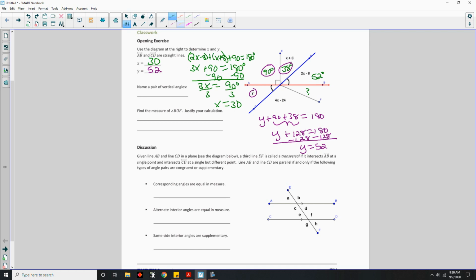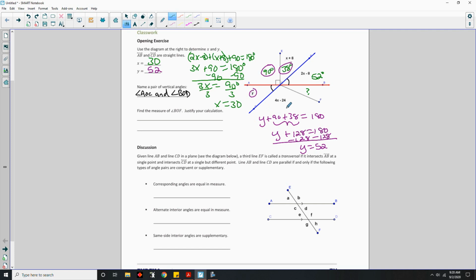All right, so I need to know what my vertices are. So if I say angle AOC and angle DOB or BOD, either way, angle BOD. So those are the two angles that are vertical.